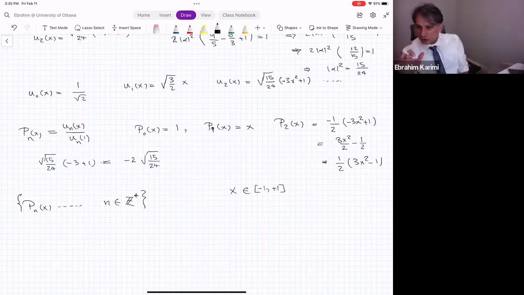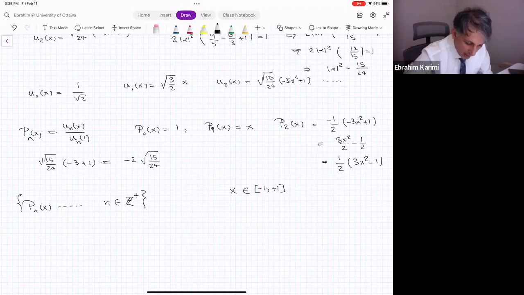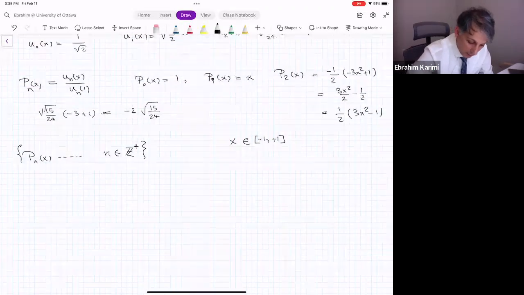Any variable that is between minus 1 and 1, you can have polynomials which are orthogonal to each other, and you can expand the function in terms of that. So where this shows up is when we deal with cosine of theta.